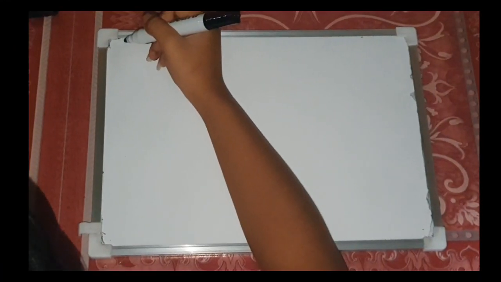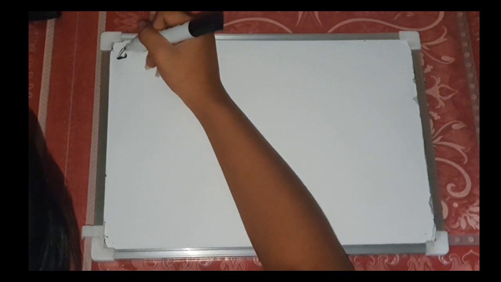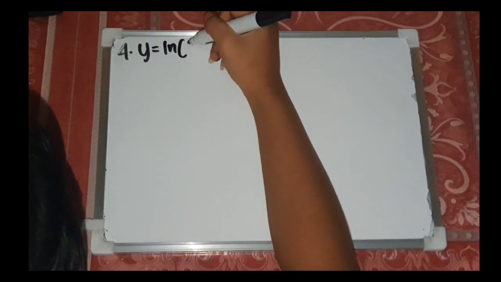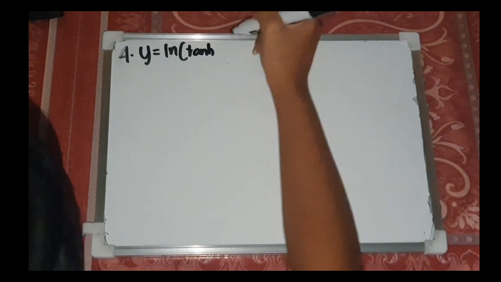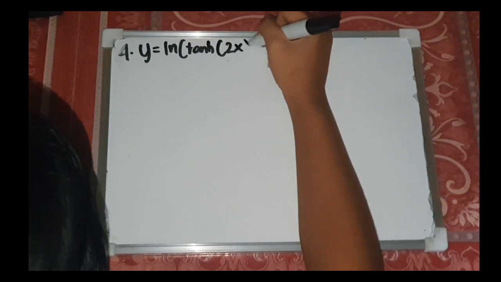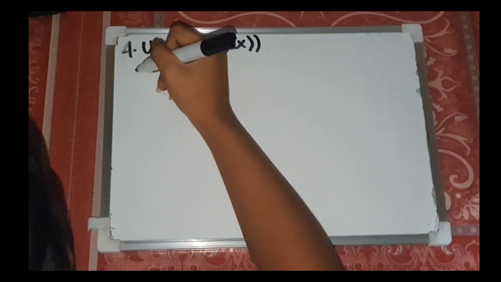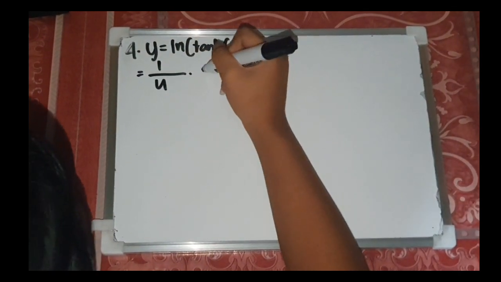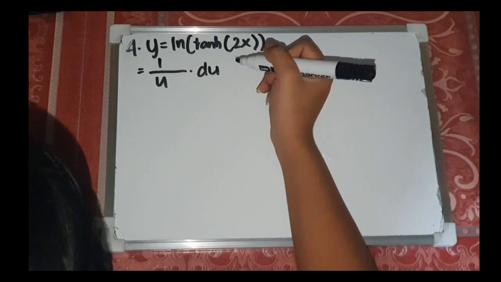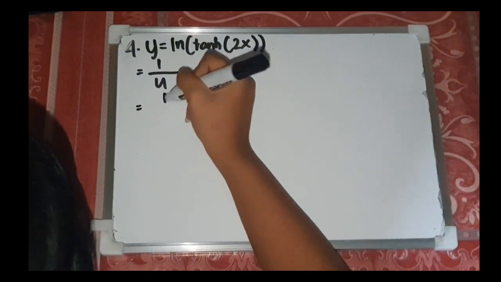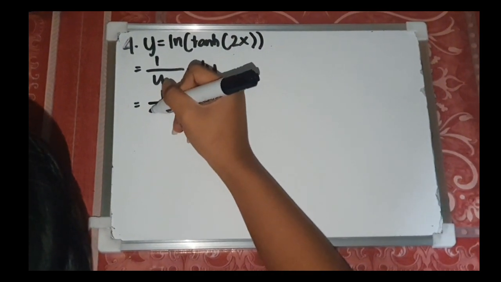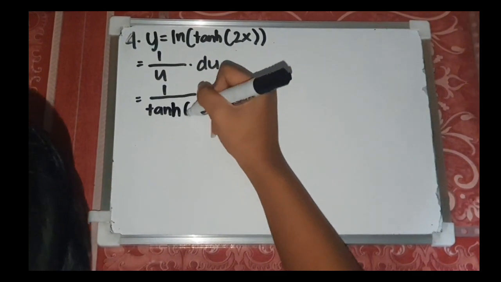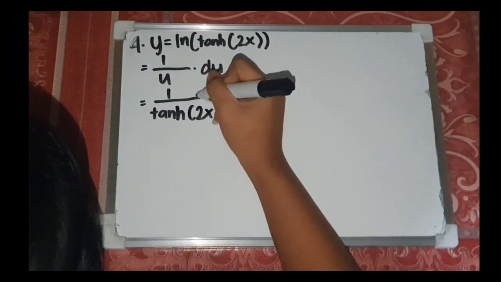Our first example is y is equal to ln of hyperbolic tan 2x. First we're going to differentiate the ln, so the derivative of ln u is 1 over u times du. Our u is hyperbolic tan 2x, and then the derivative of u.